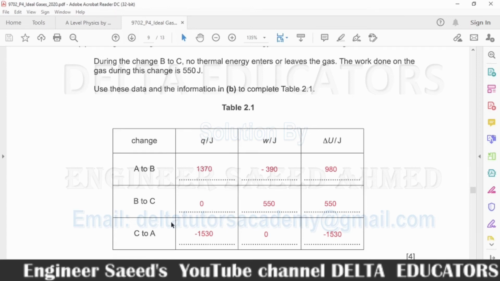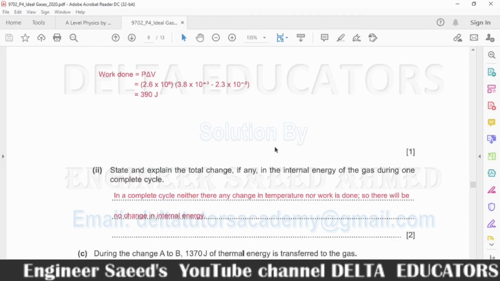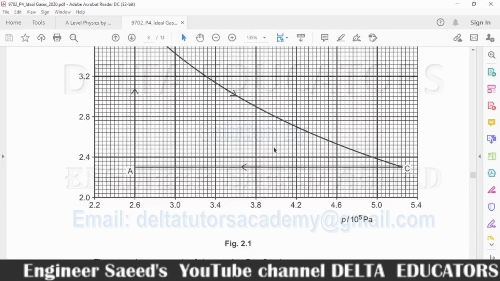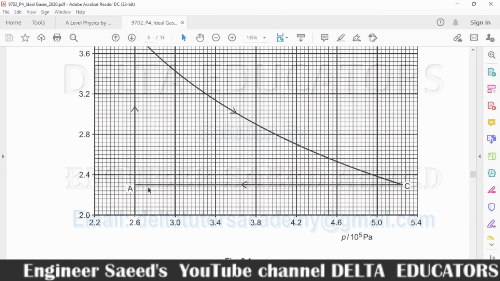Now what about C to A? For C to A, first we will check the amount of work done. It is C, it is A, it is the path from C to A. When we are moving from C to A, there is no change in volume. On the x-axis we have pressure, on the y-axis we have volume.